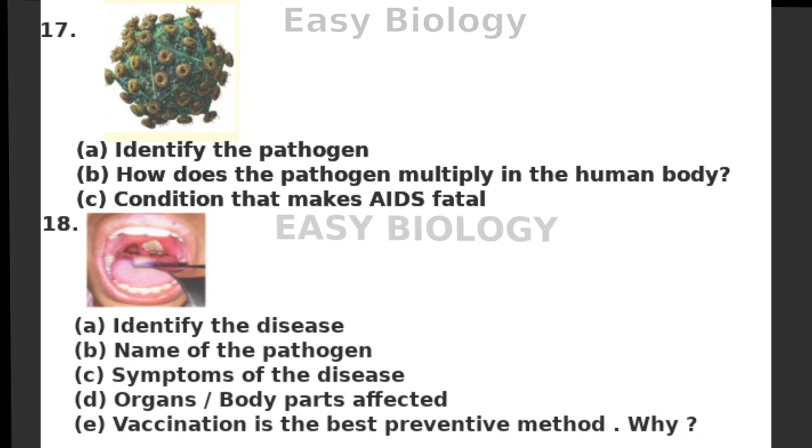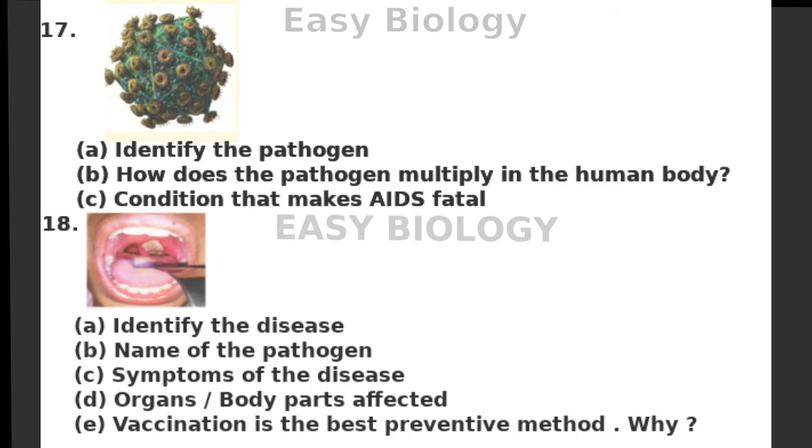Question number 17. A. Identify the pathogen. The pathogen of AIDS is HIV, human immunodeficiency virus. Question 17b.